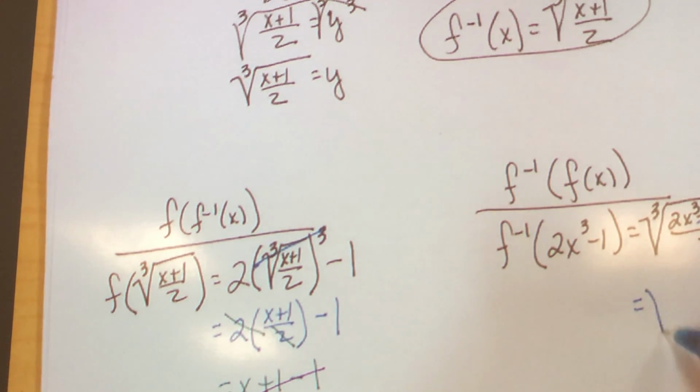Now I'm left with the cube root of 2x to the third over 2. Now can I take the 2's out? Yeah. Why don't you do the 3's first? You can't do the 3 unless what's raised to the third power is all by itself, the same way that you can't take a cube root until that's all by itself, okay?